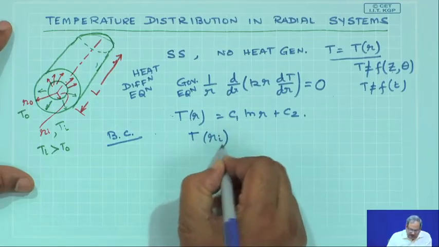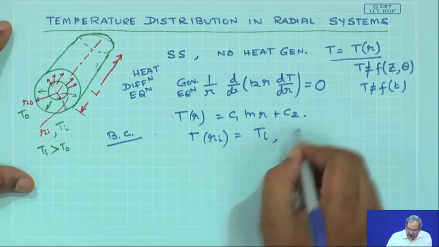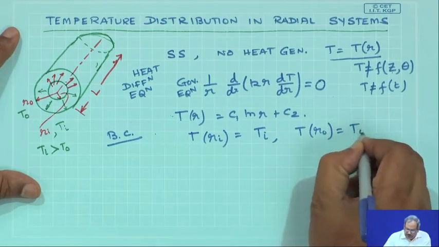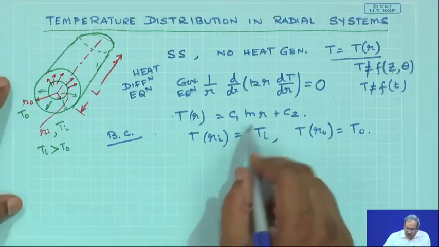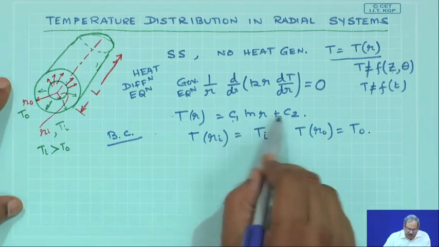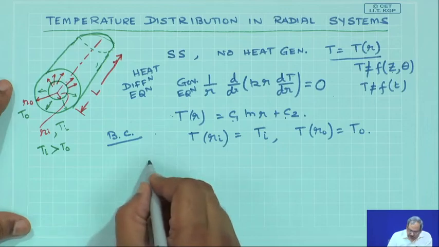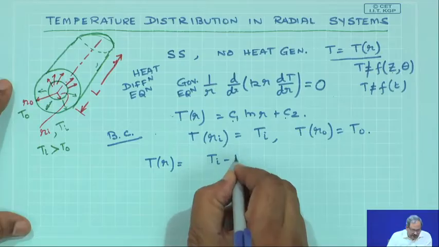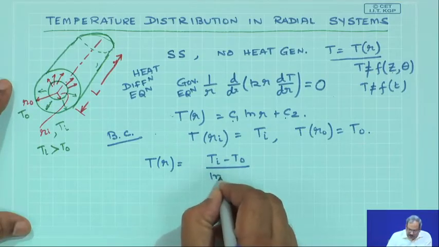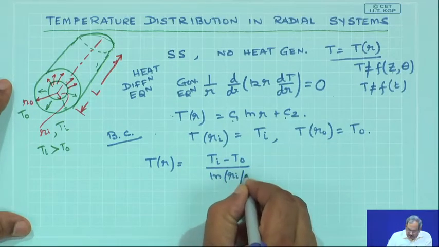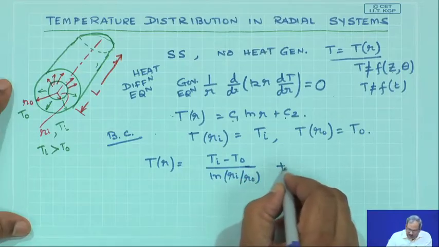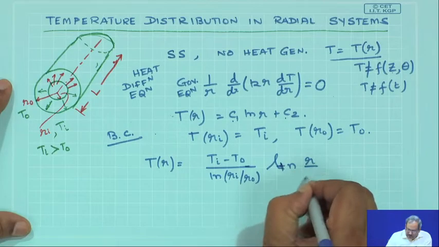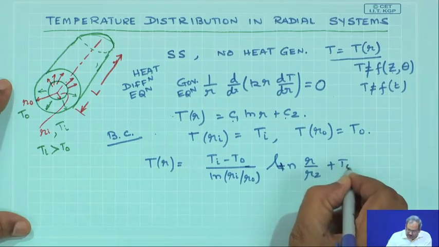So, T at r_i is equal to T_i, and the second is T at r_o is equal to T_o. When you put these two boundary conditions to evaluate C_1 and C_2, the final expression you are going to get is (T_i minus T_o) by ln(r_i/r_o) times ln(r/r_o) plus T_o.